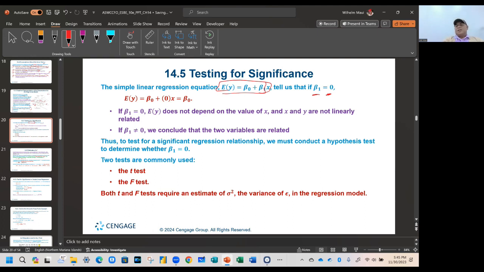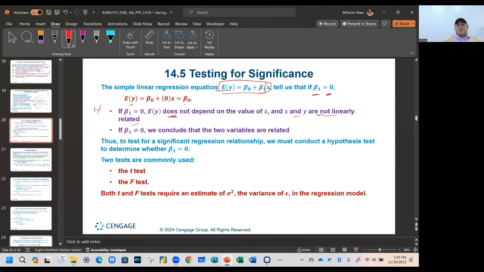So if you plug that 0 into that equation, you see that the expected value of y becomes equal to your b null. So if your beta 1 is equal to 0, then y is not dependent on your x, right? That there is no linear relationship between the two.